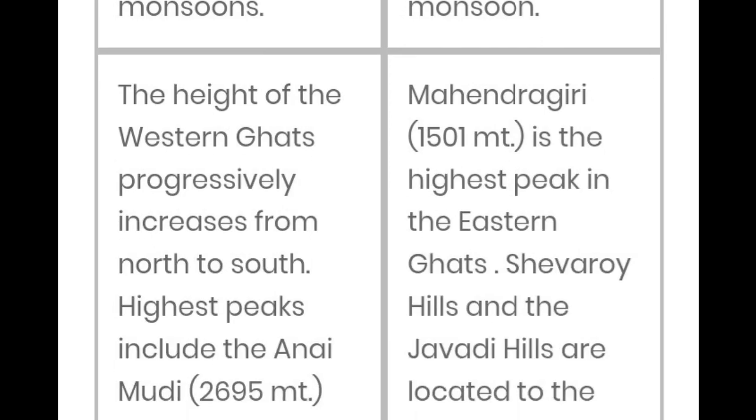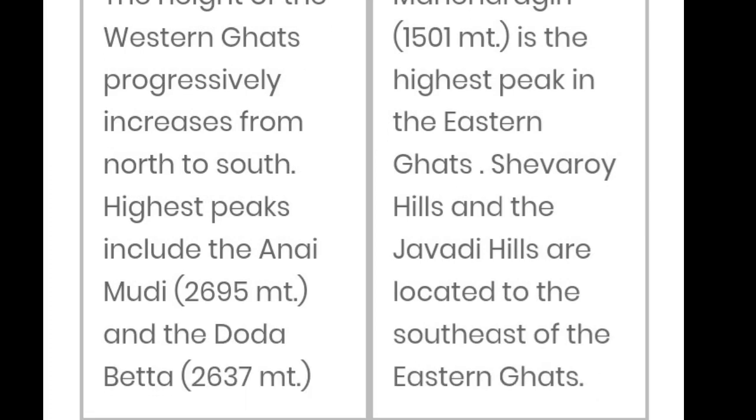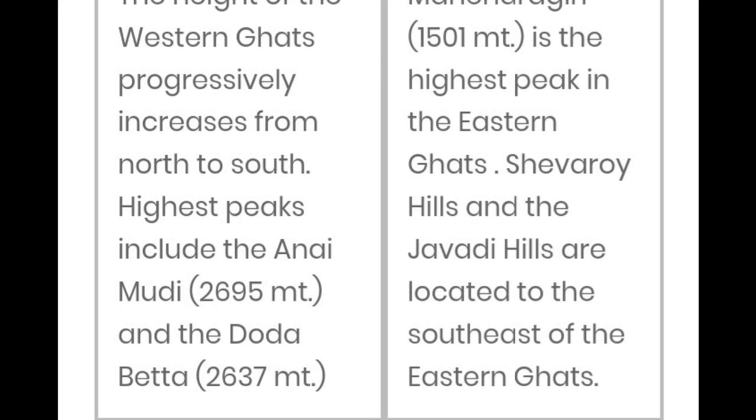The height of the Western Ghats increases from north to south, and the highest peaks in the Western Ghats are Anaimudi and Doda Betta. Anaimudi's height is 2695 meters, and Doda Betta's height is 2637 meters.